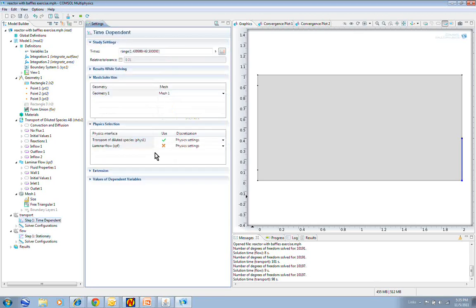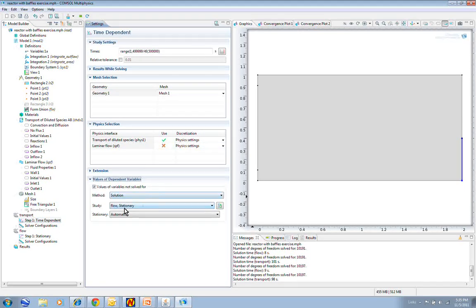Under transport, the transport is checked and laminar flow is not checked, and for values of dependent variables we're getting the flow solution from the stationary analysis.